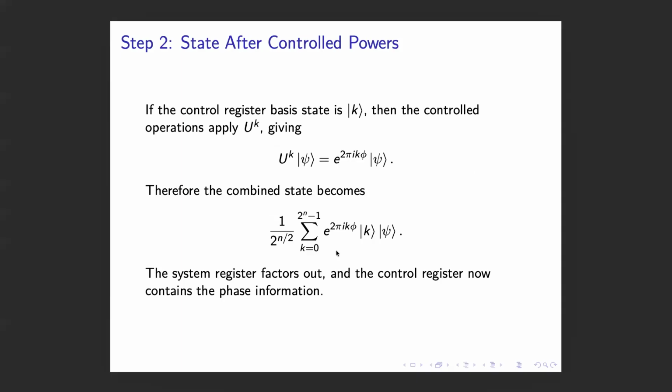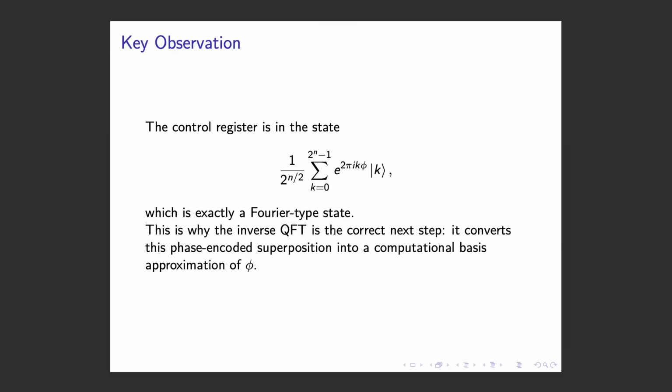When you have that, what you see now is that the system register factors out, which is this one, and the control register now contains the phase information. This is the control register, and it is in this specific state, which is a Fourier-type state.